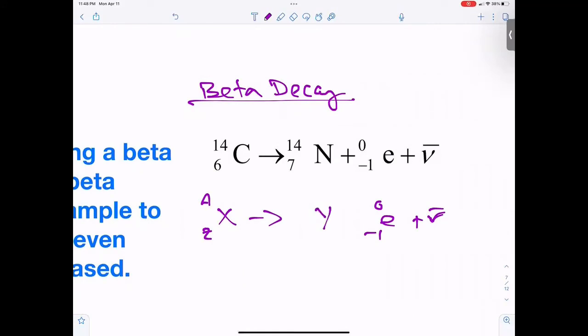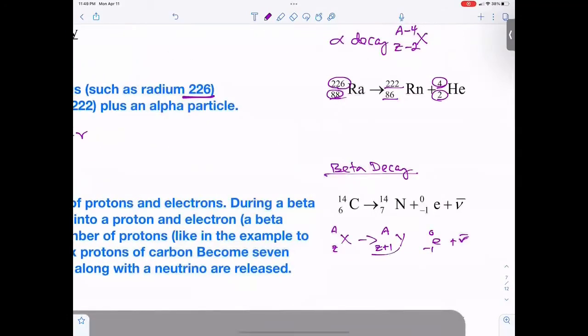If Y is your daughter nucleus, you're going to end up with the same mass, because the beta particle has no relative mass, but you're going to end up with 1 more atomic number, 1 more proton than you had before. So we add a proton for beta decay, but the mass stays the same.